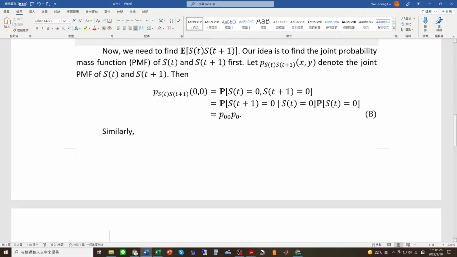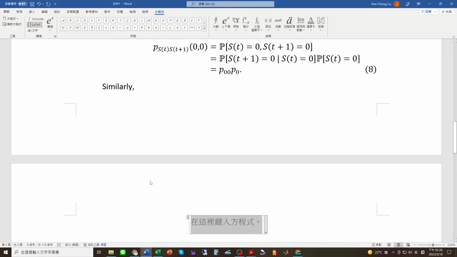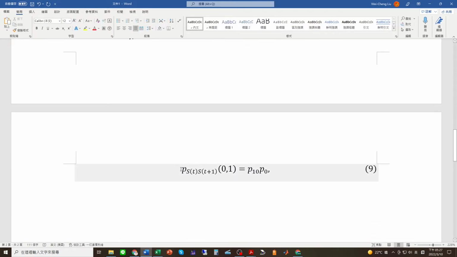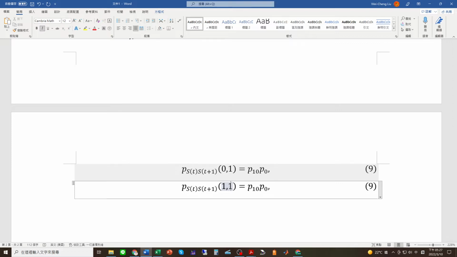Similarly, P_{S_t,S_{t+1}}(0,1) is equal to P10 times P0.